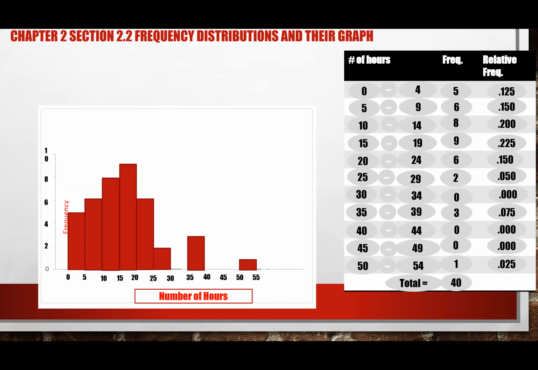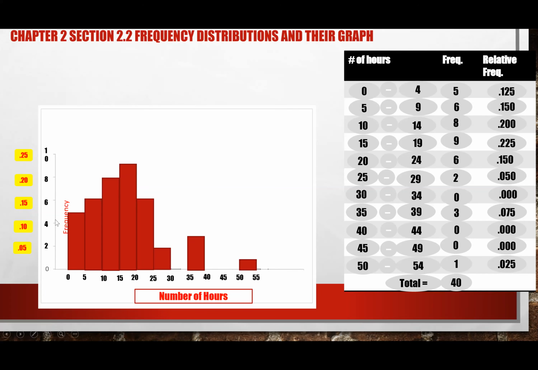The only thing different between a relative frequency histogram and a frequency histogram is that instead of listing the frequency, you list the relative frequency. I start with 0.0, then 0.05, 0.1. My highest is 0.225, so I go up to 22.5%. It's relatively the same histogram; the only difference is that we use relative frequency as our item here.